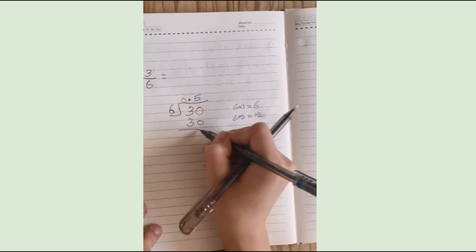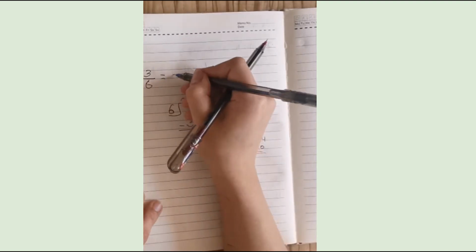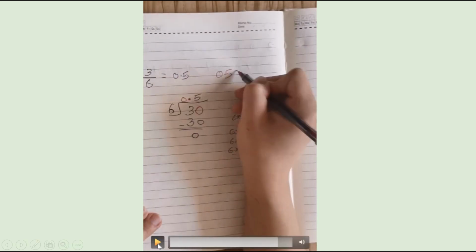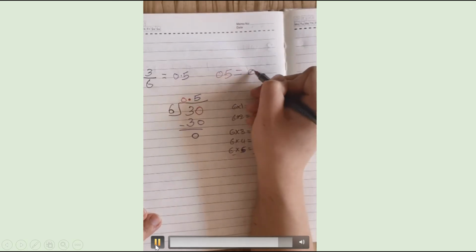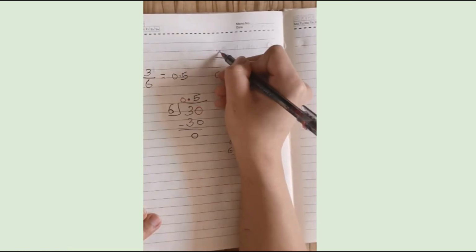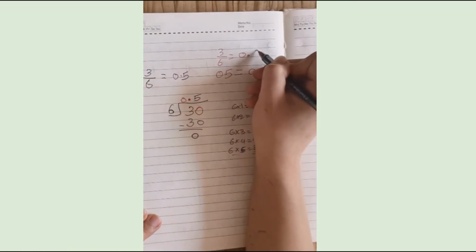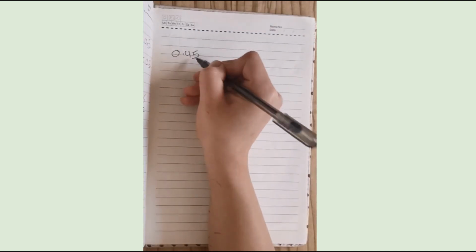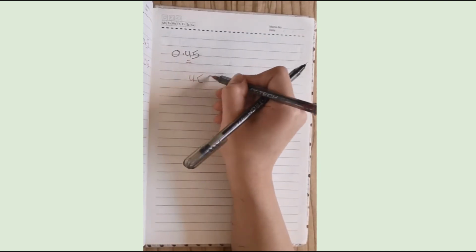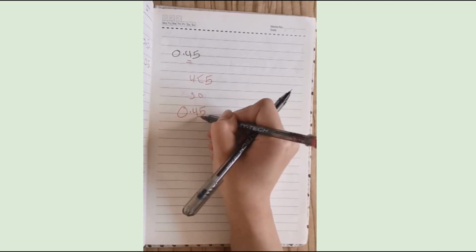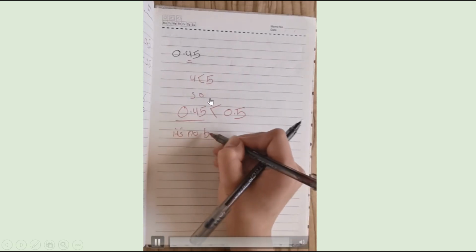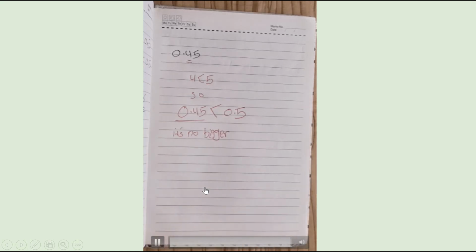And 30 minus 30 is 0. Our work is complete. 3 out of 6 equals 0.5. So it is equal to 0.5. It is not bigger. All right, the last number we have here is 0.45. 0.45 is smaller than 0.5 because 4 here is smaller than 5. It is not bigger.